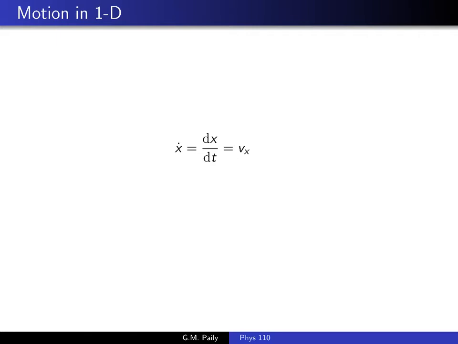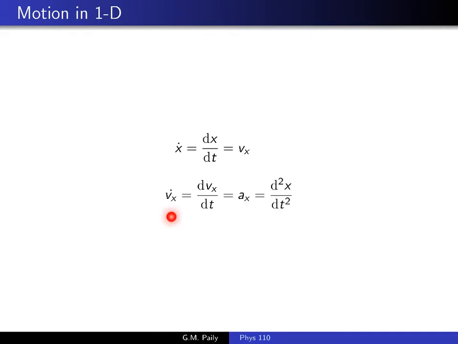The velocity now has only a single component, the x component of the velocity, which is called vx. And as before, this is defined by the rate of change of position. So we can say x dot, which is a short way of writing dx over dt, that is the rate of change of x, is v sub x.